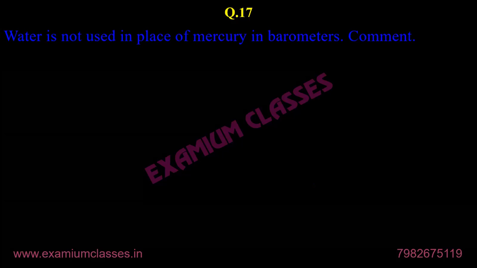The answer is very simple because we have used the related formula. No, Shivangi. However, yes, you are right, but that's not the answer. Barometer, as I said, is a device to measure the pressure where you have a column, mercury column.